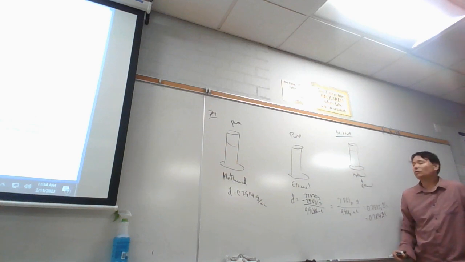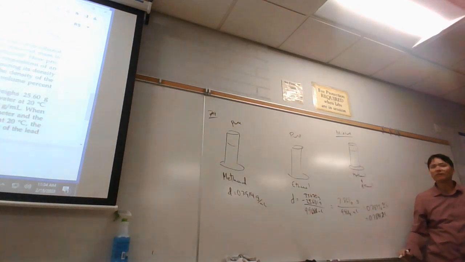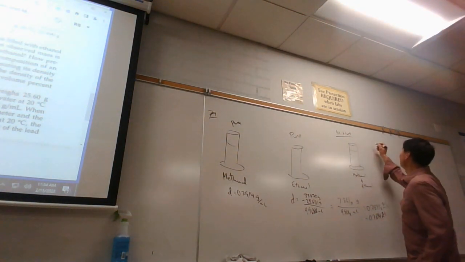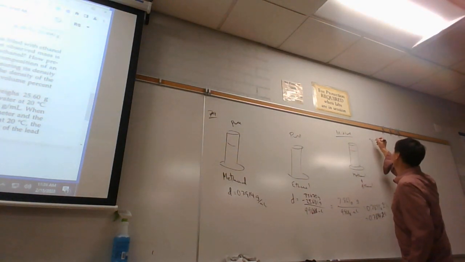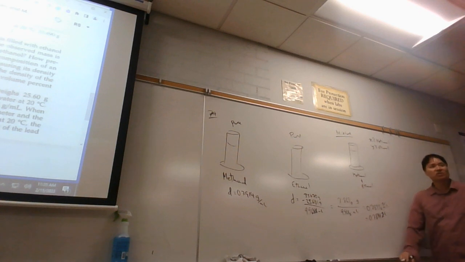That is, could you tell me what percent methanol and what percent ethanol we have in here? We're going to have X percent methanol and Y percent ethanol. That's 2 unknowns. And so how can we figure it out?